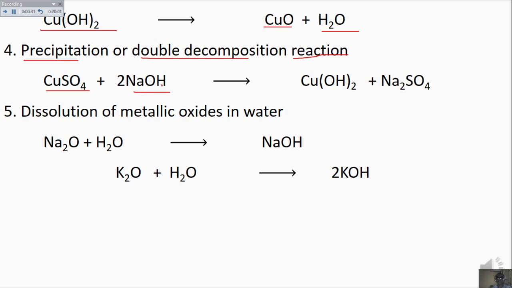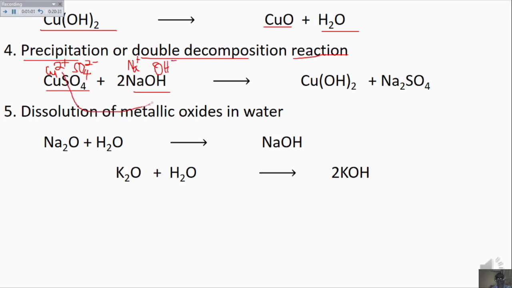When you have copper sulfate and sodium hydroxide reacting together, this is Cu2+, then this SO4 2-. Likewise, when you have sodium plus, then you have OH-. This is a double decomposition reaction.